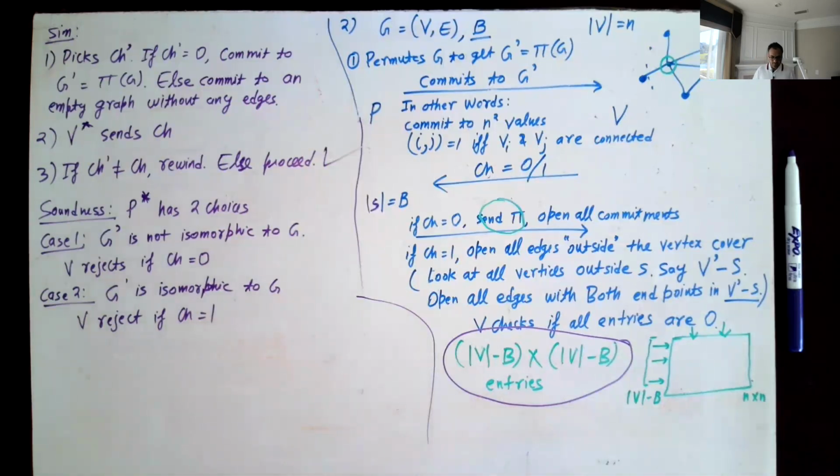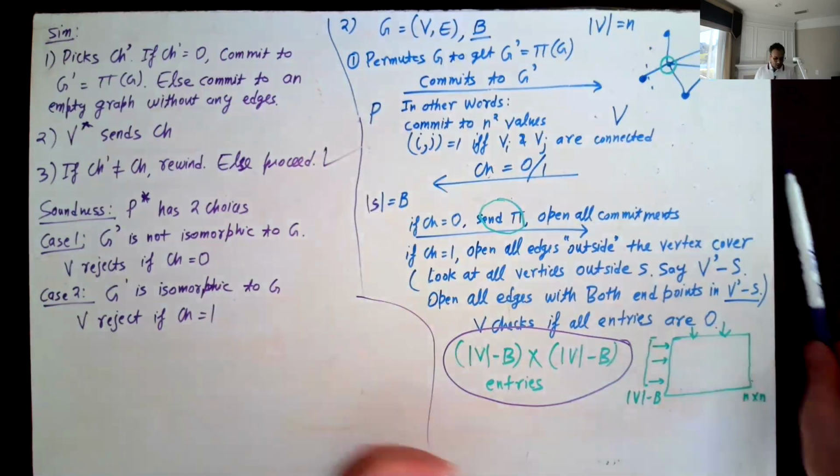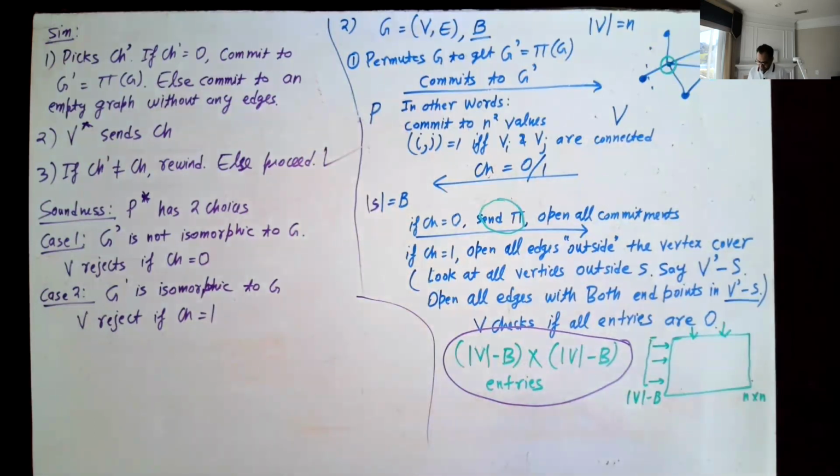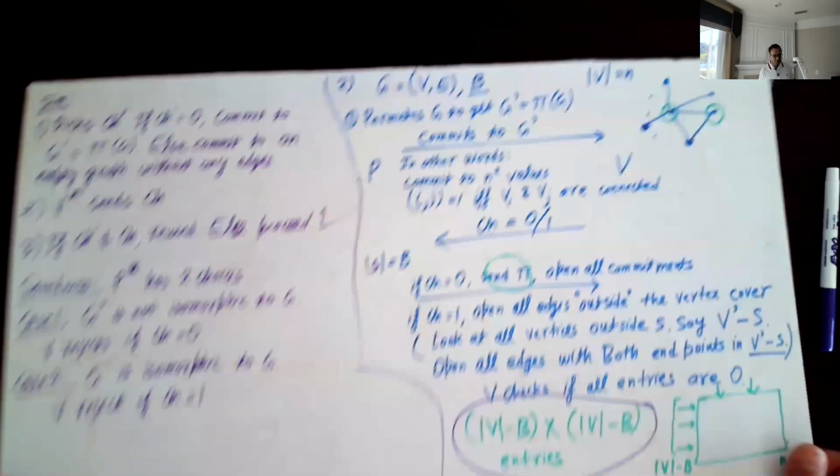Any questions? But like in the second case, there is still a negligible probability, right, that the P star just somehow guesses the right vertex cover.